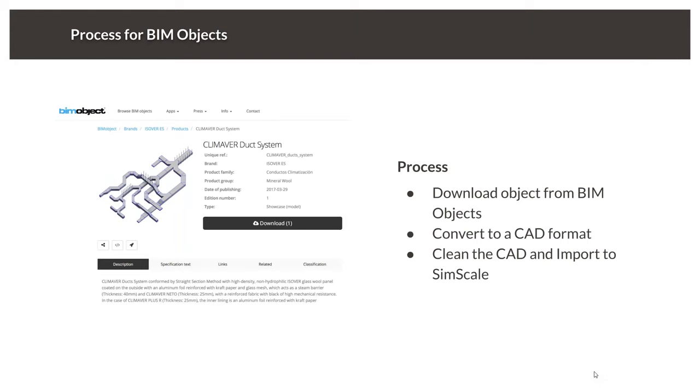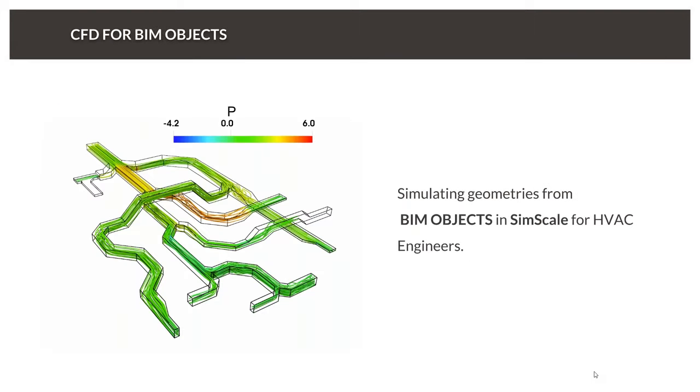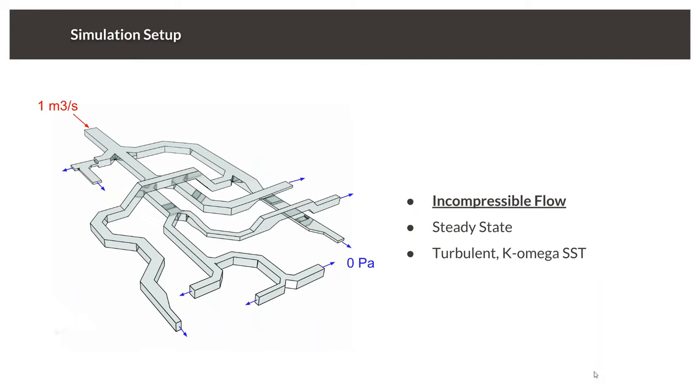And let's say you're also thinking about adding specific fans to this duct system, and you want to know how these fans are interacting with this ducting system. Let's say this is our ducting system. We're going to use the fan for this, which we also find in BIM Objects.